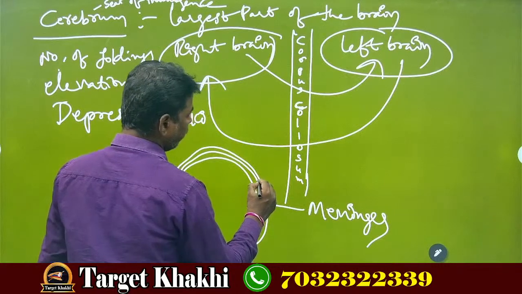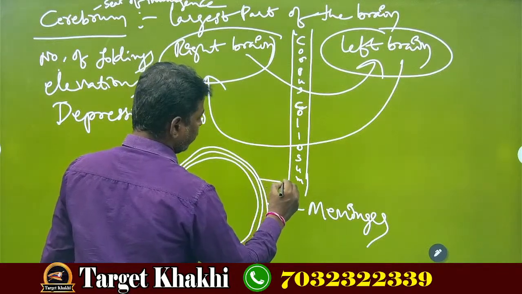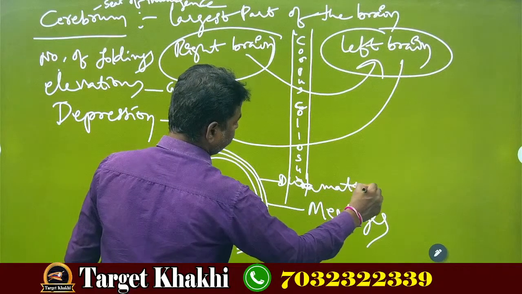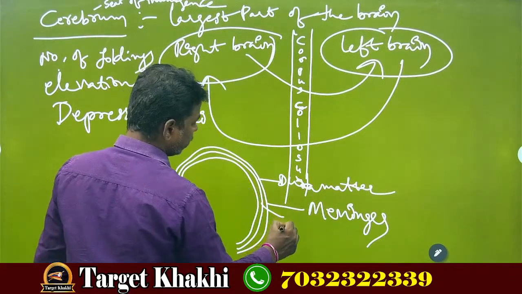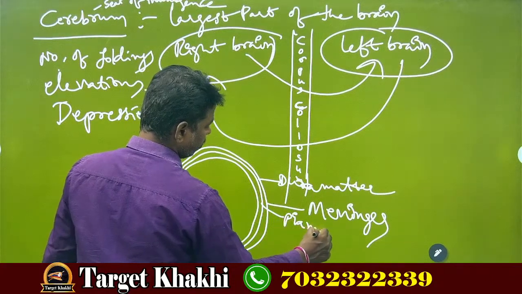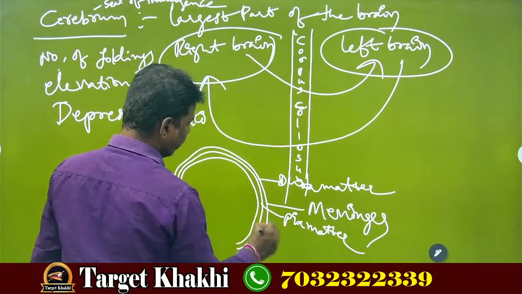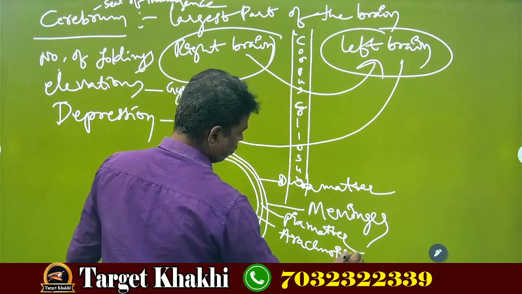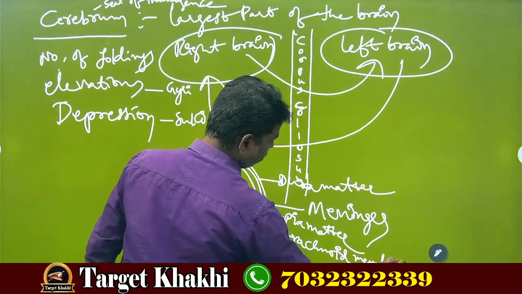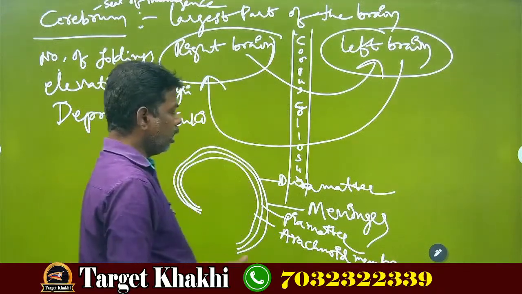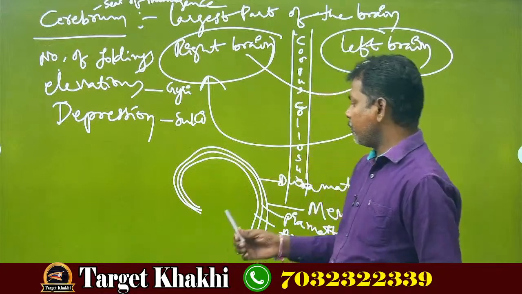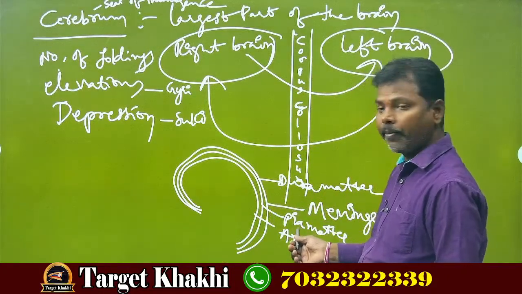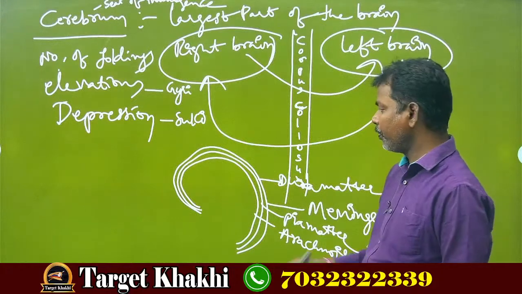Number 1, dura mater. Next, second layer is pia mater. Third one is arachnoid membrane. So, the brain is covered by three membranes. They are called dura mater, pia mater, arachnoid membrane.